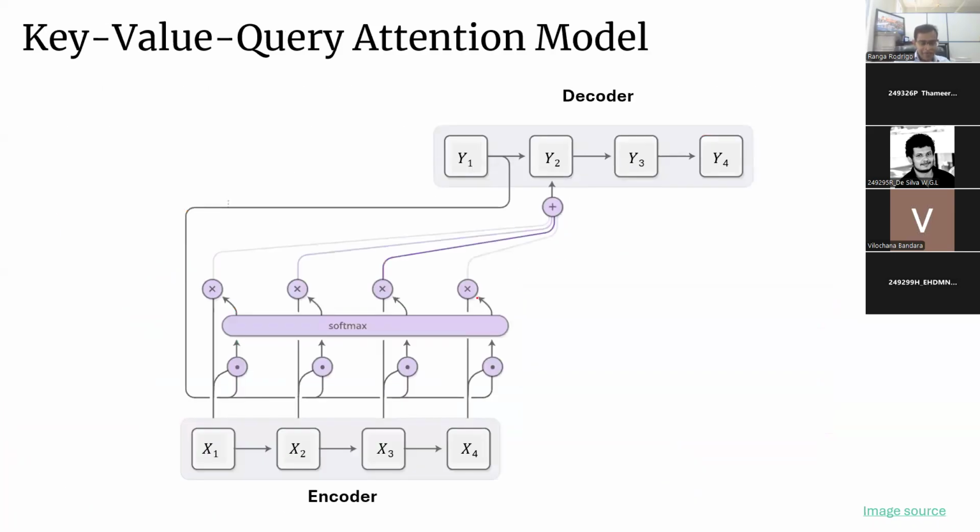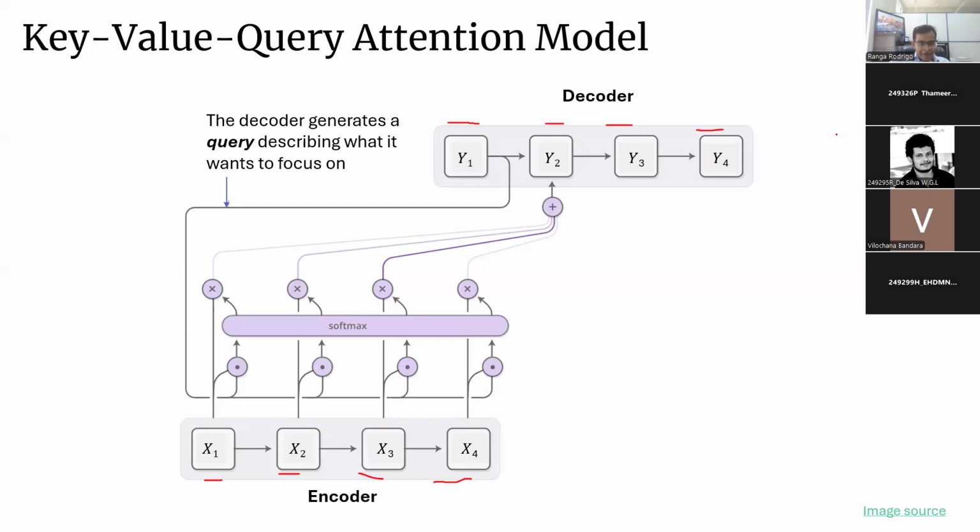Okay, there's a slightly more detailed view. Here you can see the input sequence x1, x2, x3, x4. Consider them as words for now. And then the output sequence y1, y2, y3, y4. Consider them as words too. Now the decoder generates a query describing what it wants to focus on.